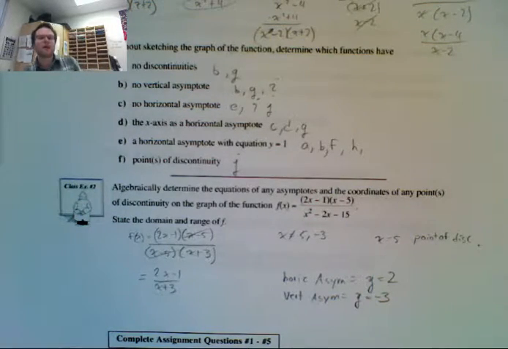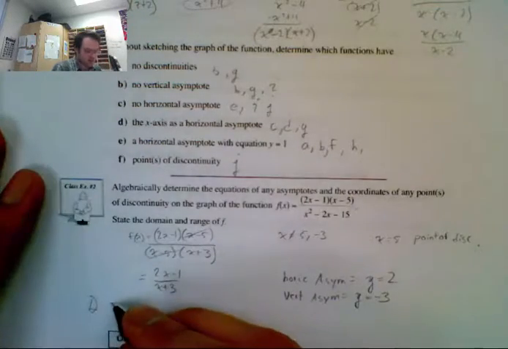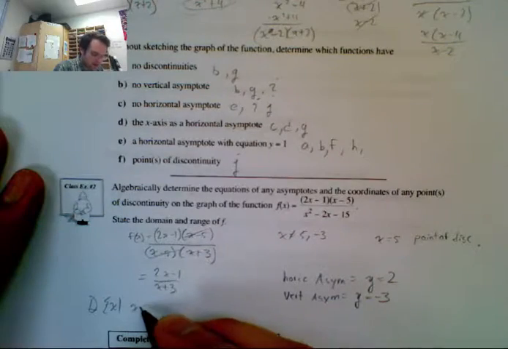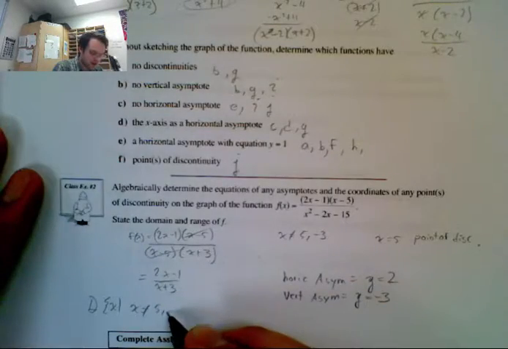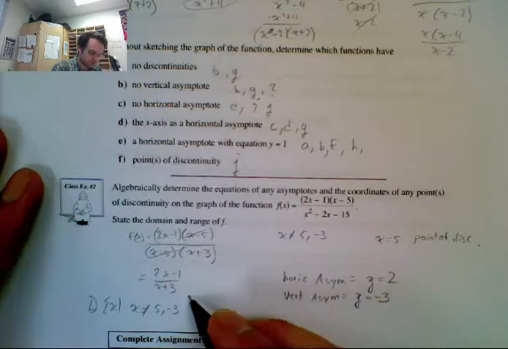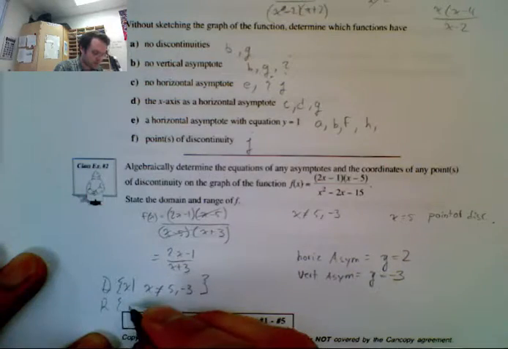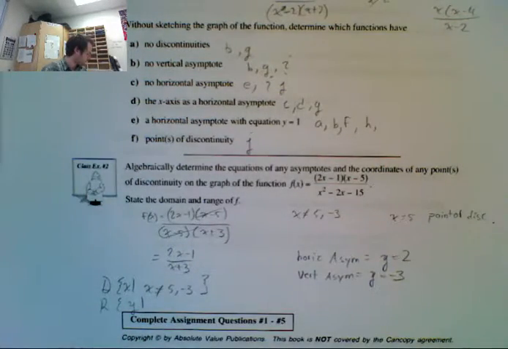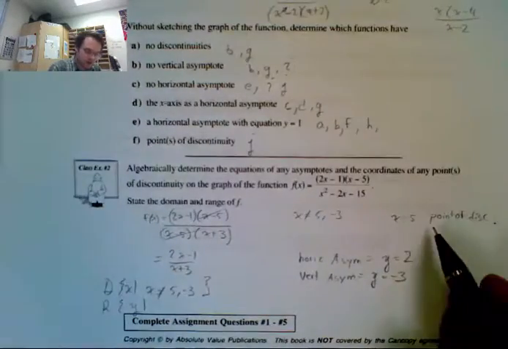So now let's look at my domain and range. My domain is x such that x cannot equal 5 and negative 3. Now we're going to look at my range. We have y such that, now what is my point of discontinuity?